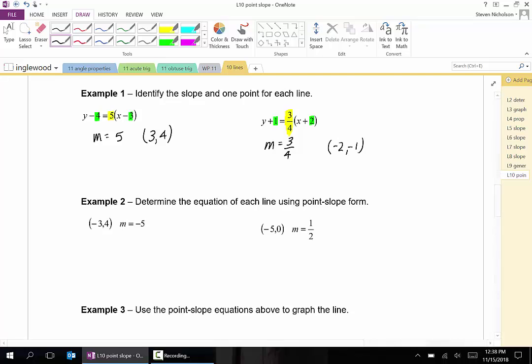And the reason it's not 2, 1 is because our formula or form has a minus there. So in order to see why it's -2, -1, we have to write this in terms of the minus.